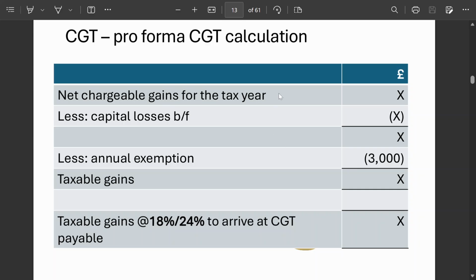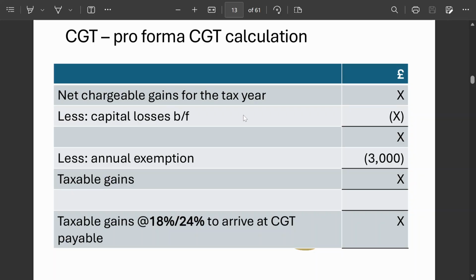Remember that this year's losses are already factored into this one. The net chargeable gains is the sum of the total figures for each of the assets, so some of them might have had losses this year. That's already factored into this number. Then you take out the capital losses brought forward, then you take out the annual exemption. Then you get the taxable gains.